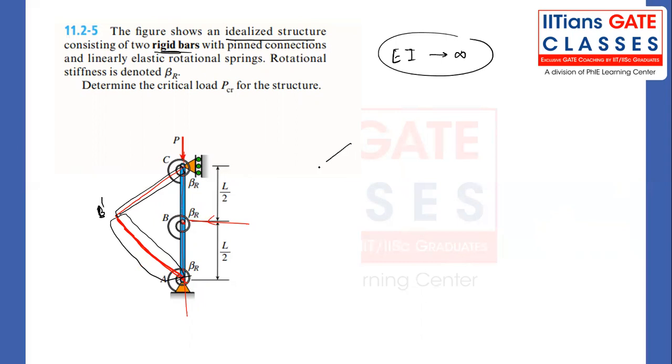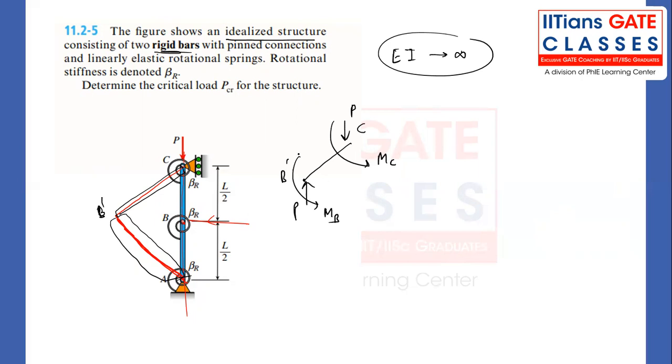I'm taking the above portion, the C part and B dash part. At C we have the load P, so we shift this load P here also. The spring will offer some kind of moment, at the top and at the middle also, like this.